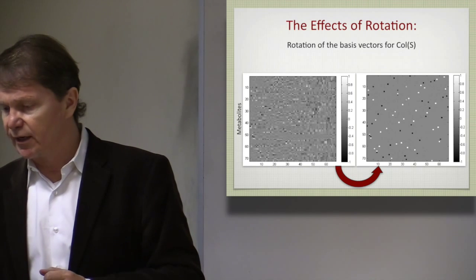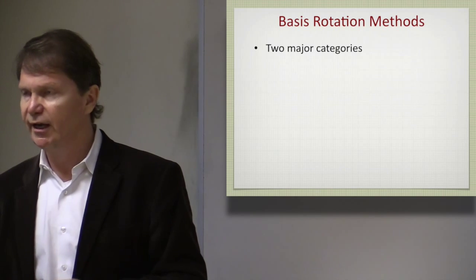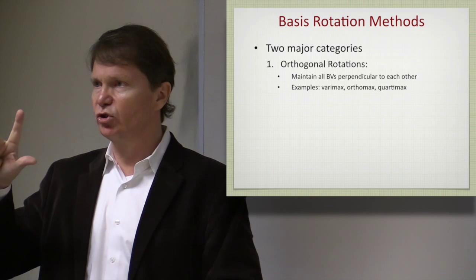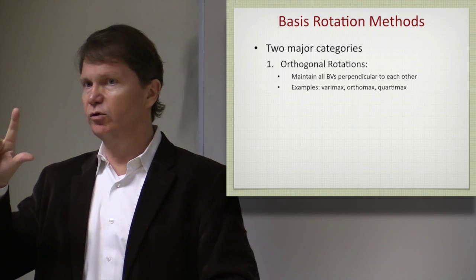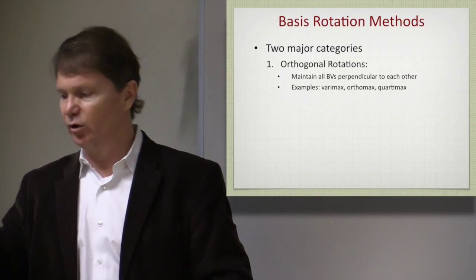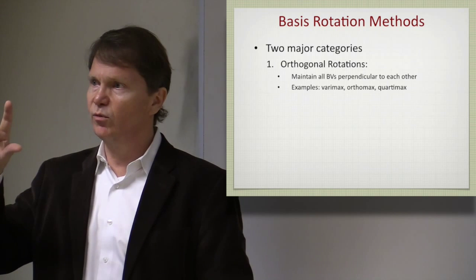So to do this, there are basis rotation methods. There are two categories. You can rotate while keeping the basis orthogonal. So you just rotate the whole basis, and the angles between the vectors are still 90 degrees. You can also do oblique rotations that give you a little more slack.